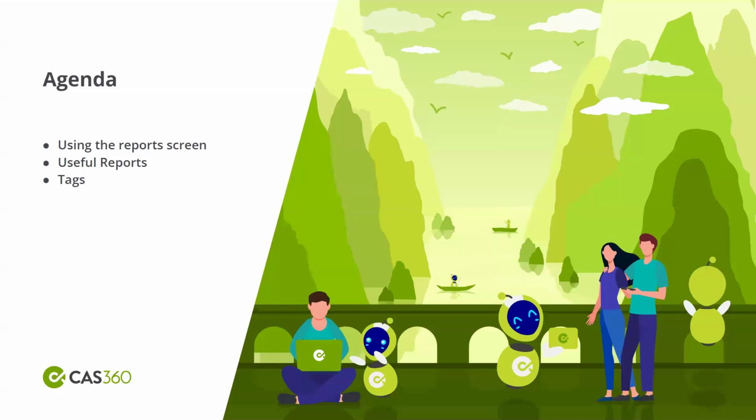Okay, so on today's agenda, we'll be looking at the report screen. While showing you the report screen, I'll be showing you a couple of useful reports, and then we'll discuss how tags can greatly benefit your use of the report screen.